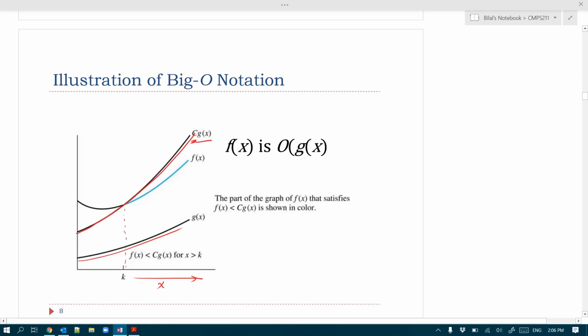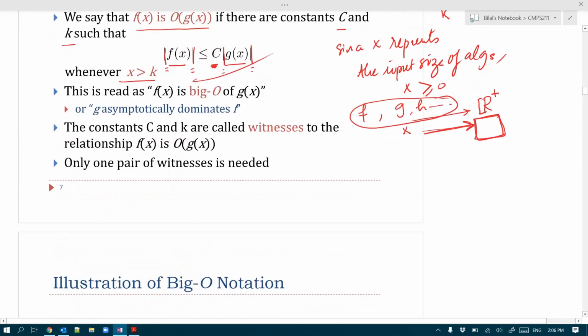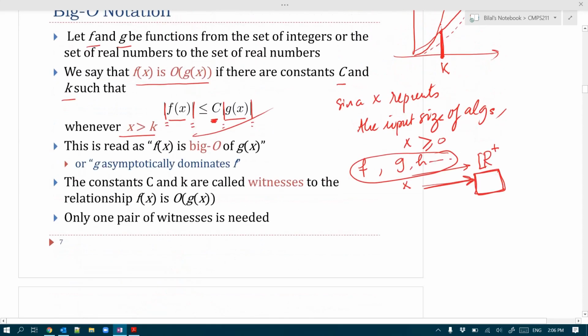Good. So in this case, we would read this as f of x is big O of g of x, or f of x is in big O of g of x, or g asymptotically dominates f. The constants c and k are called witnesses to the relationship of f of x and g of x.